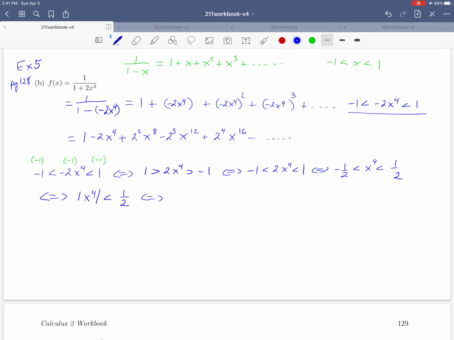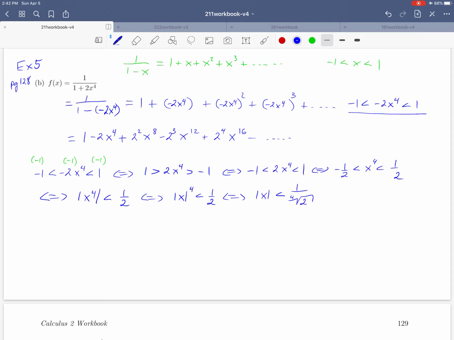And now I can take the fourth root. That gives me the absolute value of x is less than 1 over the fourth root of 2.